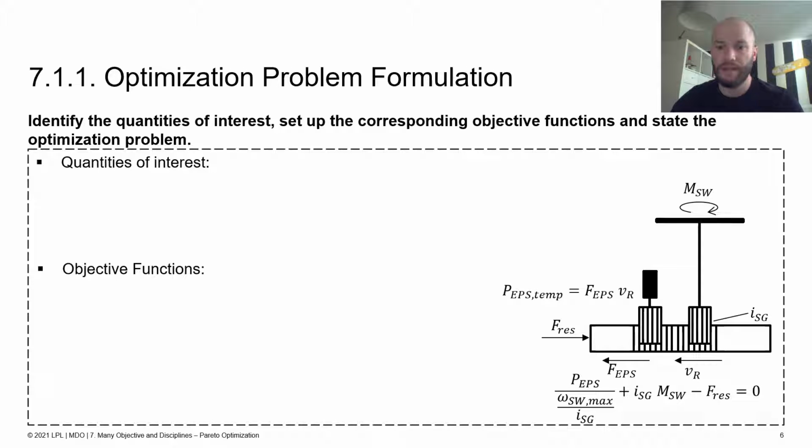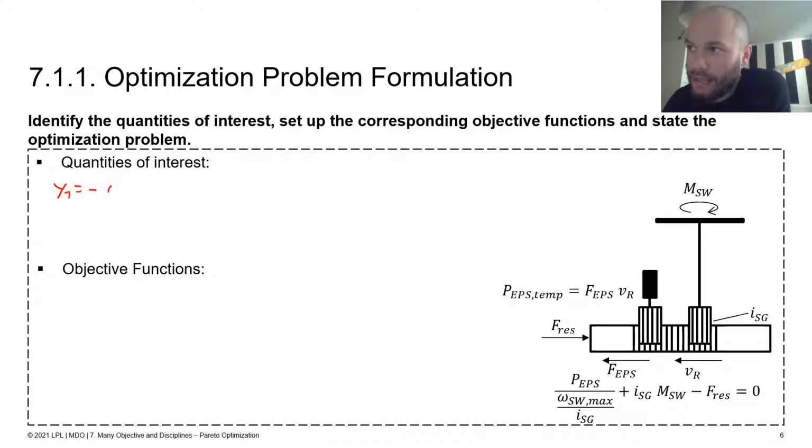Alright, let's get started with the first exercise. As stated before, we have two quantities of interest. We have the maximum steering wheel angular speed. What we need here for the first quantity of interest is a minus sign, since we always want to minimize.